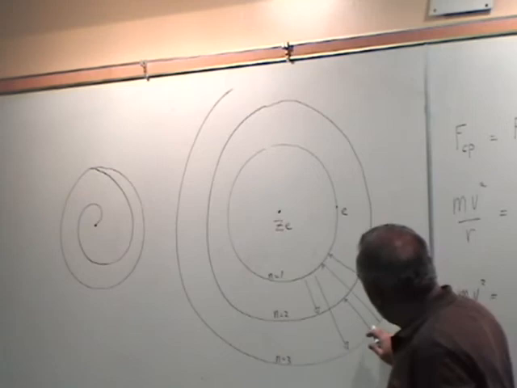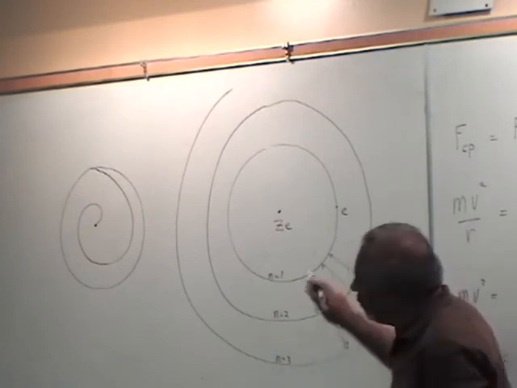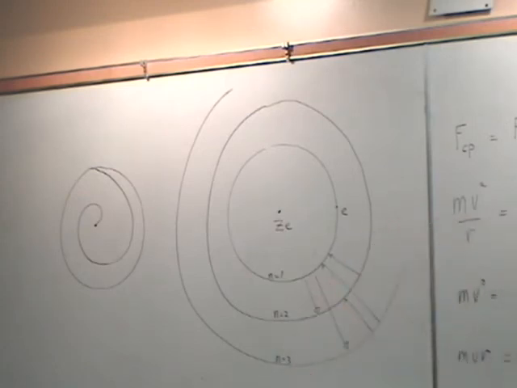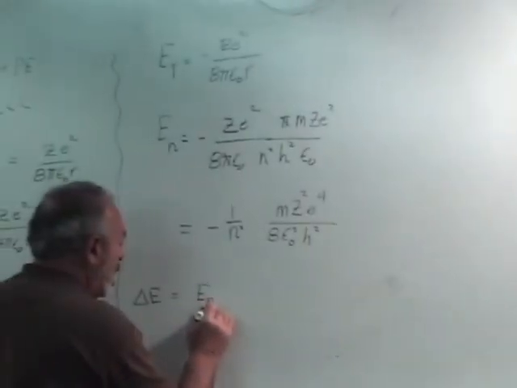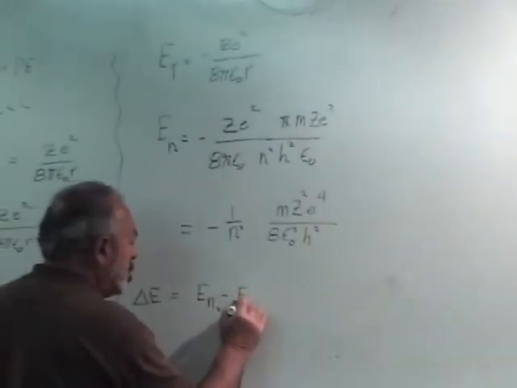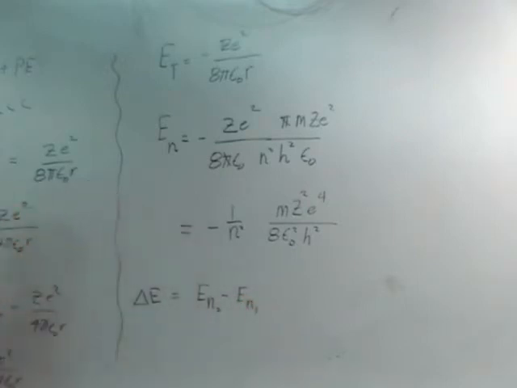So we're going from higher n values to lower n values. Look, my friends, the energy sub N2 minus the energy sub N1. N2 simply means a higher n value, and N1 means a lower n value, as we're jumping down from higher n to lower n. Well, it's easy to write that down.